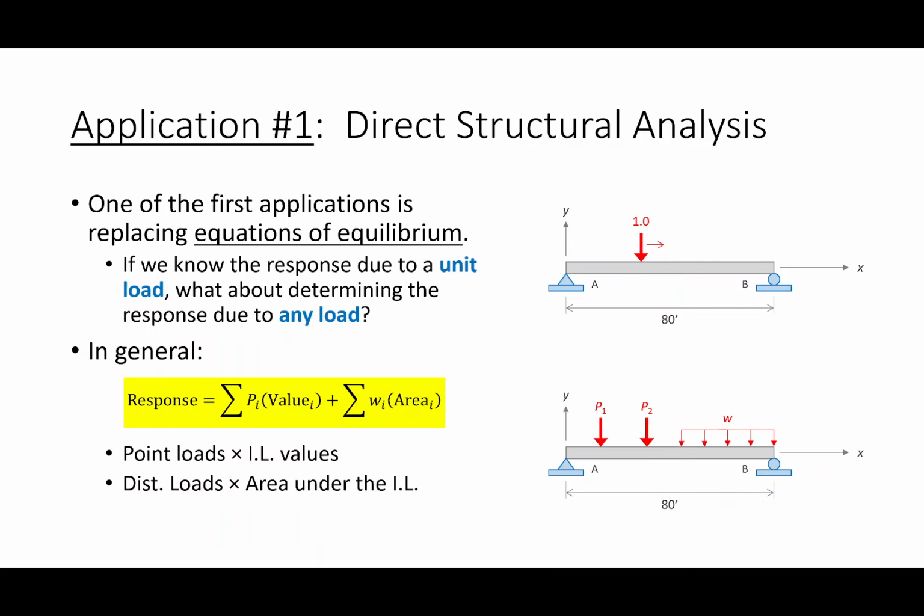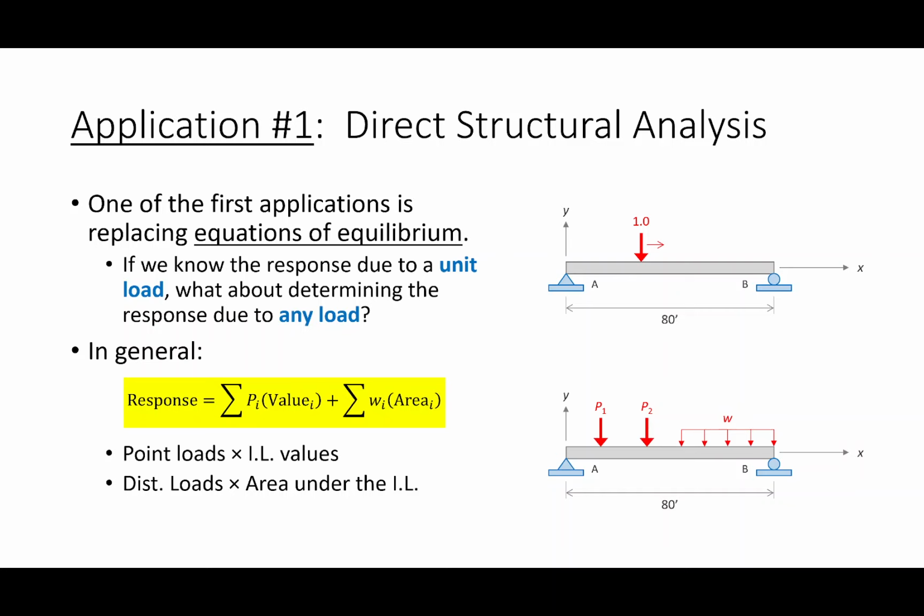In general, the way an influence line works, if we want to use it to do a structural analysis, is this. Let's say we have a beam that has two point loads and a distributed load.